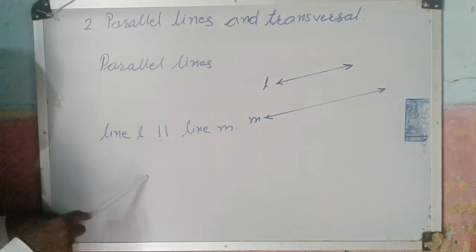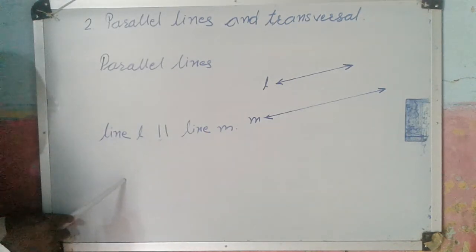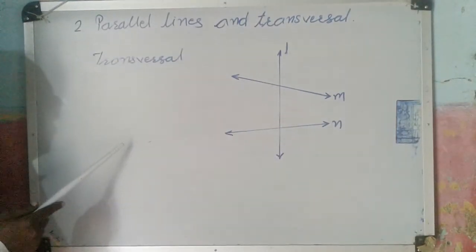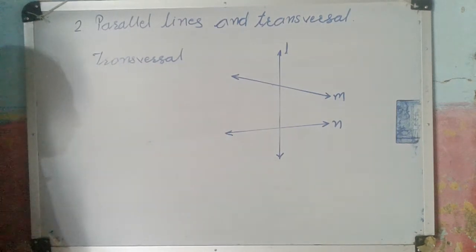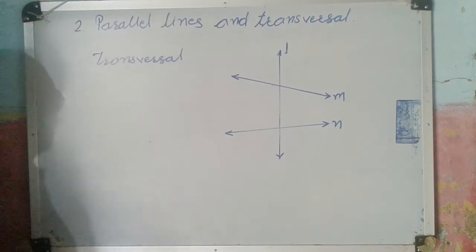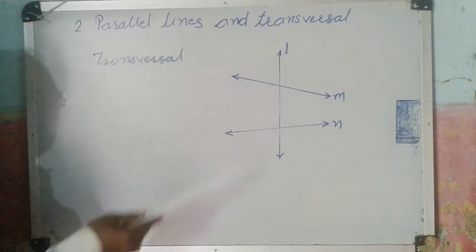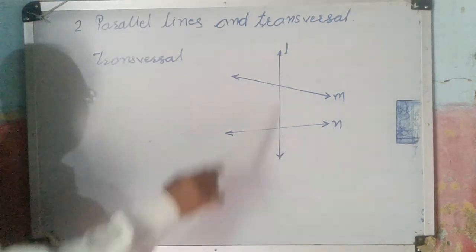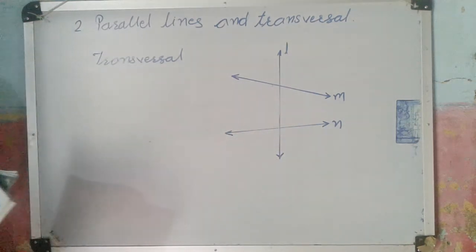Now we will see the transversal of the lines. Now see here in the figure, line L intersects line M and line N in two distinct points.